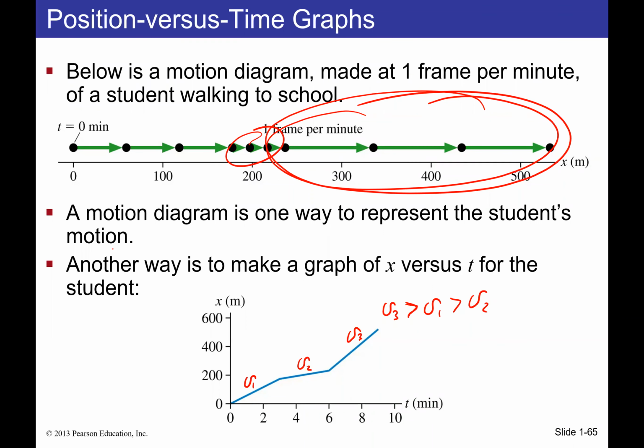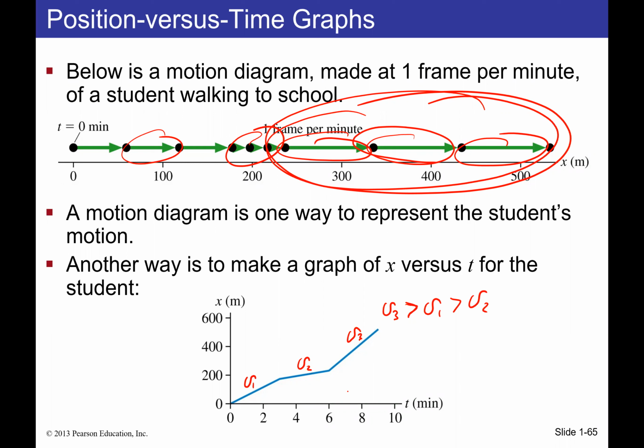And that actually agrees with this, right? So you can see, this is V3 and it's larger than V1, which means a steeper line, right? When you graph that, the steeper it is, the faster the object is moving during that particular time interval. So that's why the steepness is an indication of how fast it's moving.